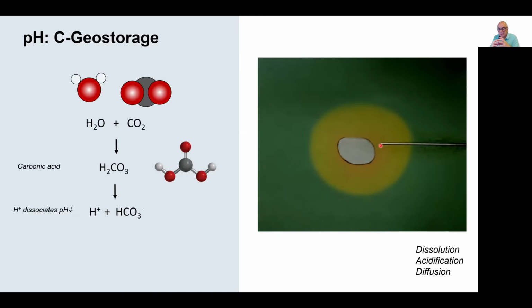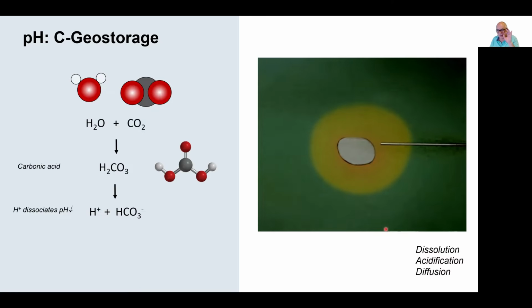So dissolution is taking place as the carbonic acid diffuses into the water. And in fact, at some point, the rate of dissolution here is limited by how fast carbonic acid can diffuse out. So notice that during CO2 geological storage, we're going to have dissolution and acidification and diffusion taking place.